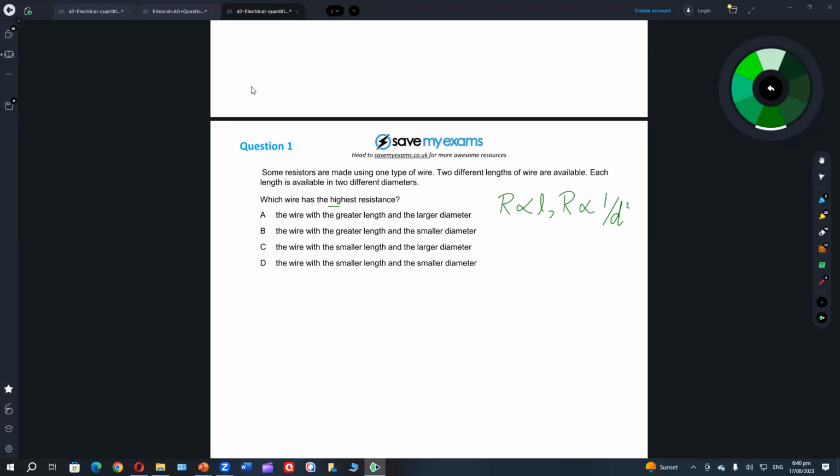He wants highest resistance, which means we should select length to be highest and cross-sectional area to be lowest.